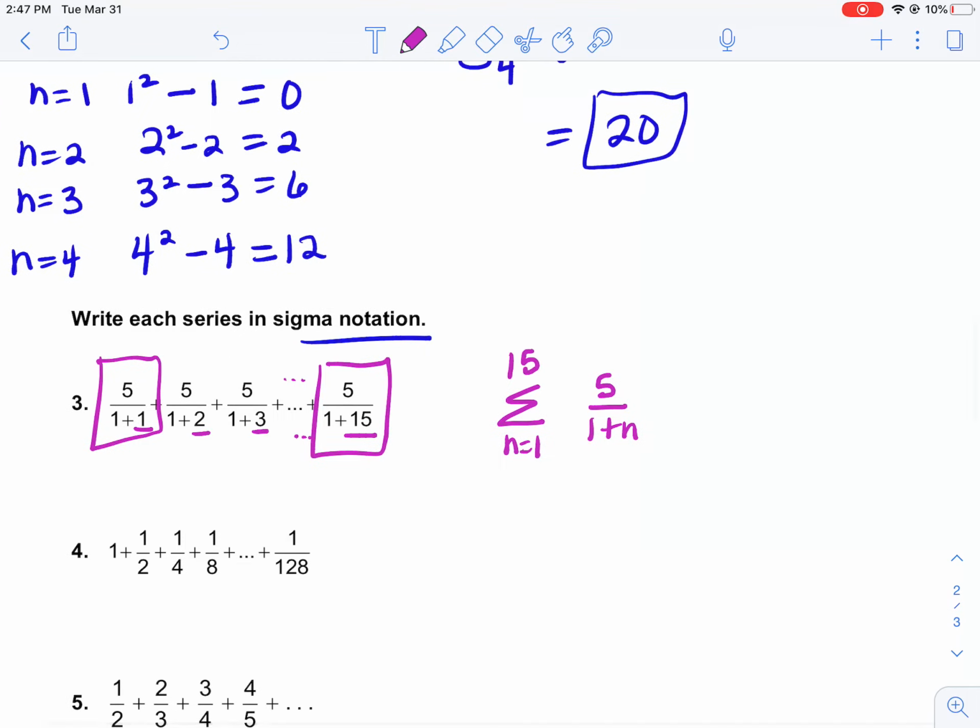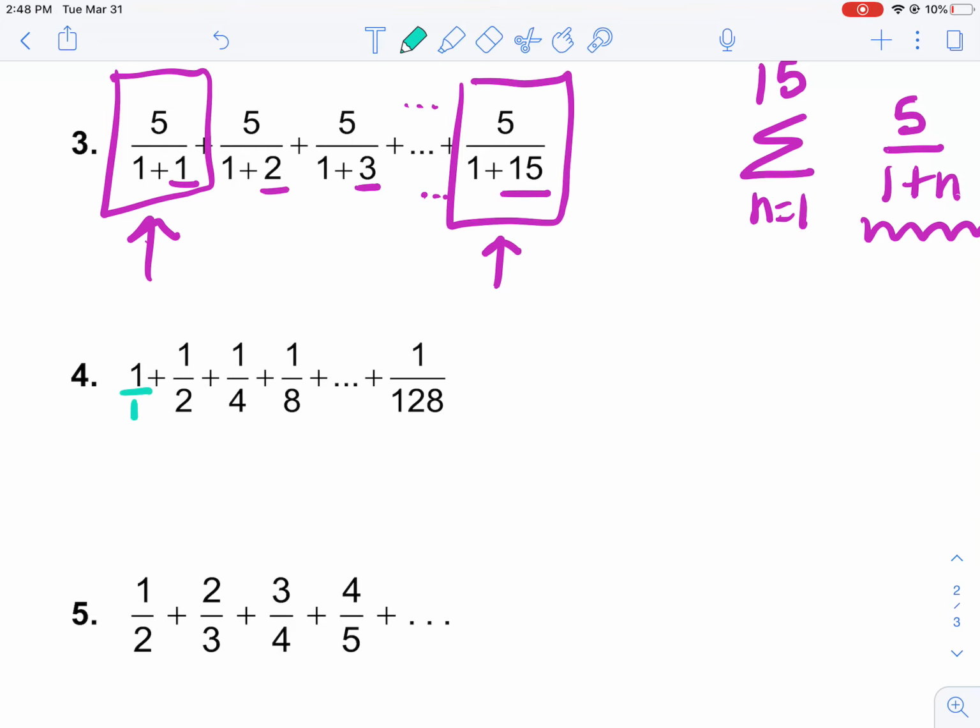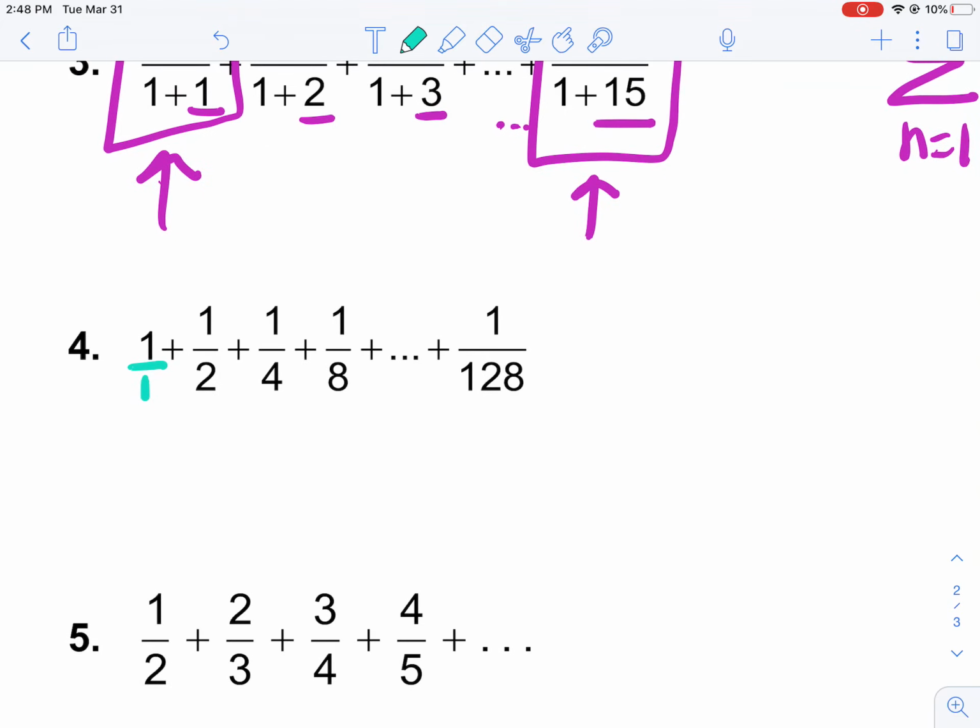Okay, let's go ahead and go through the answers to questions 4 and 5. Keep in mind, in number 4, this 1 is really a 1 over 1. I could rewrite it like that. And there's actually a couple different ways I can write this in sigma notation. Did you guys notice this is 2 to the 0 power? This is 2 to the 1st power, 2 to the 2nd, 2 to the 3rd power, and this would be 2 to the 7th power right there.